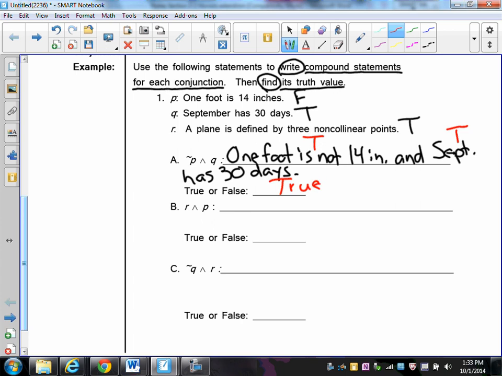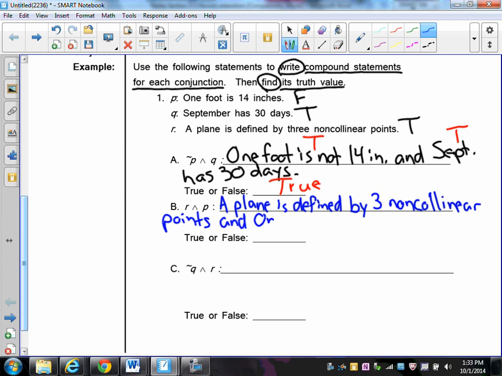So an example of when it would be false would be letter B, where we have R and P. So R is a plane is defined by 3 non-collinear points and 1 foot is 14 inches.